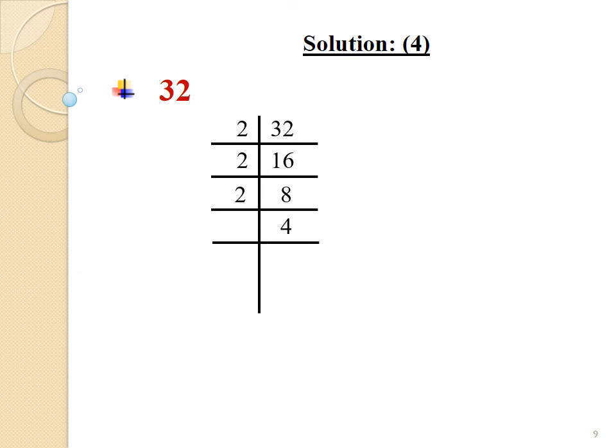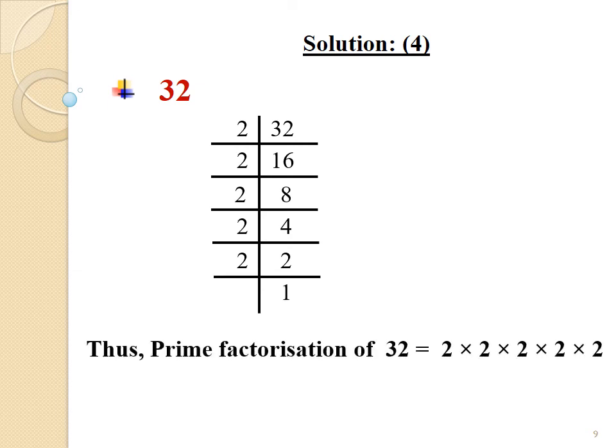Now dividing 4 by 2, we get 2. Now dividing 2 by 2, we get 1. Thus, prime factorization of 32 equals to 2 multiplied by 2 multiplied by 2 multiplied by 2 multiplied by 2.